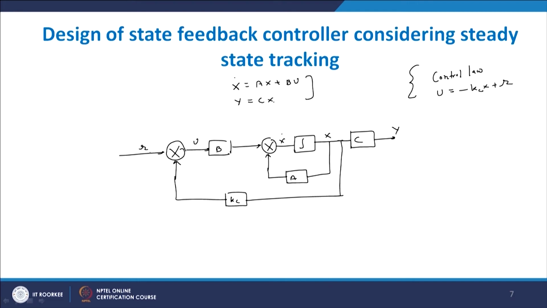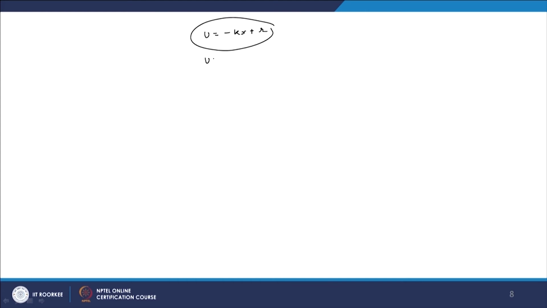Suppose here you write the control law as U equal to minus Kx plus a small Ts, a constant value, multiplied by R, where R is the reference input, and Ts is to be computed in order to reduce the steady state error.